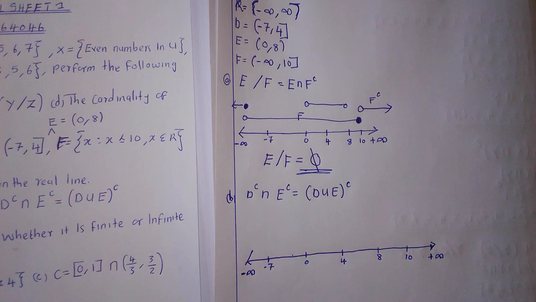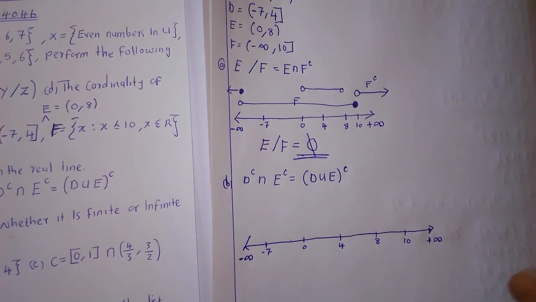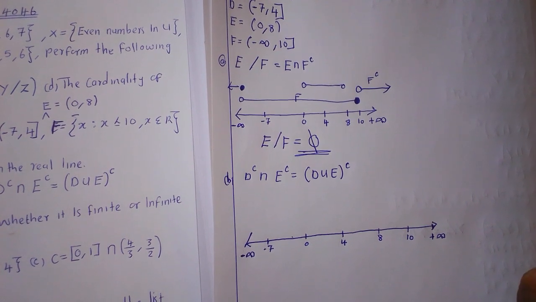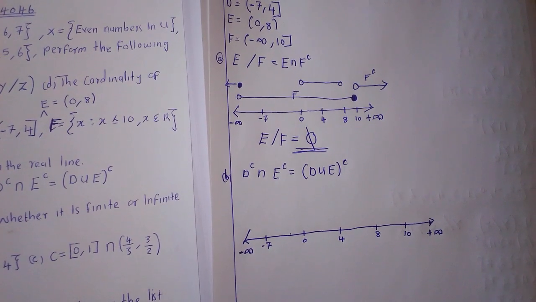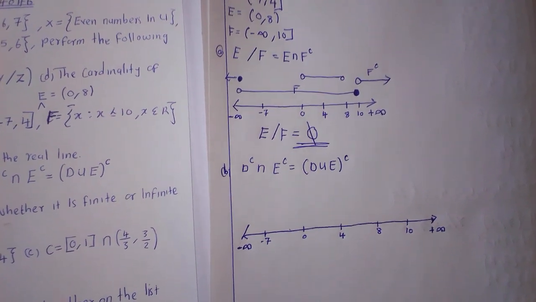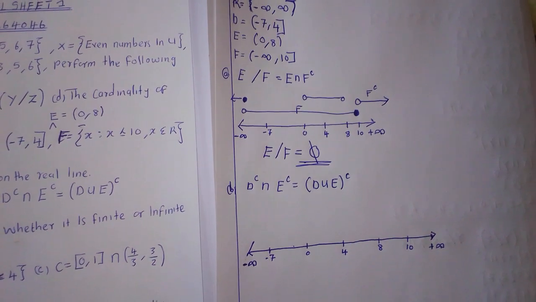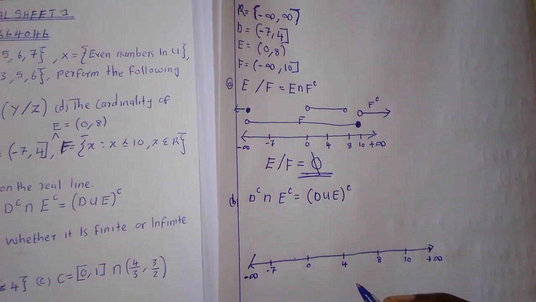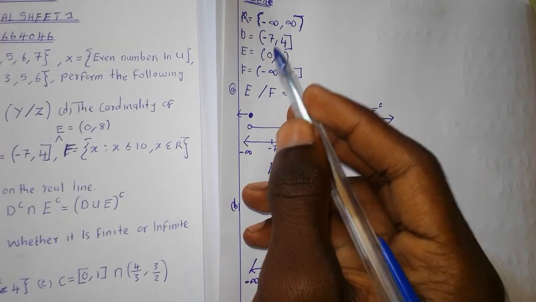We'll first of all start with D. You can start with anything, but I'm going to start with D, because D is the first one on top there so that I don't confuse you. Now, D is coming from, we have been told that negative 7 is not included because this bracket simply means that it's not included.